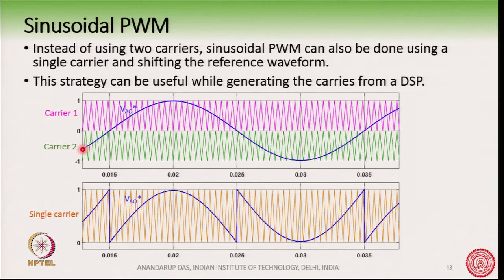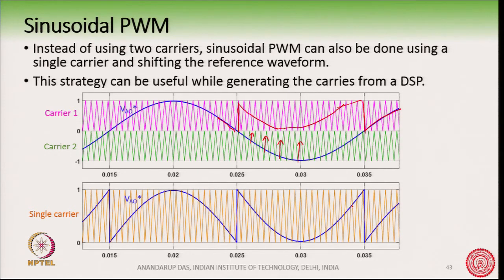Suppose I use only the top carrier. I have only one carrier, which is the top one. So, what do I have to do? This waveform was going down to 0, so what I have done here is shift this part up, so that I can get up to this, and then there is a shift of this, and then I follow the waveform like this.